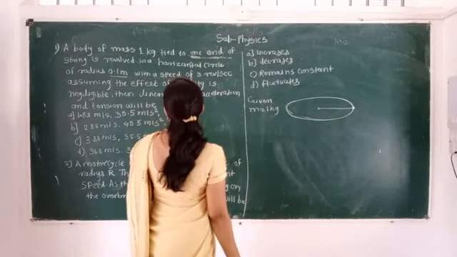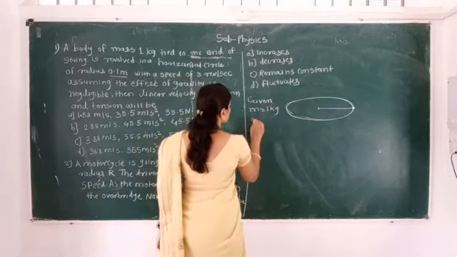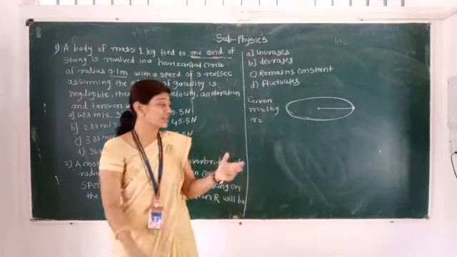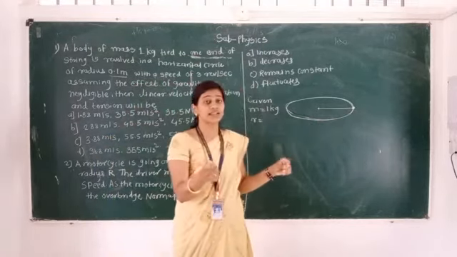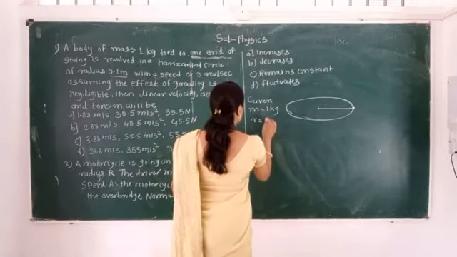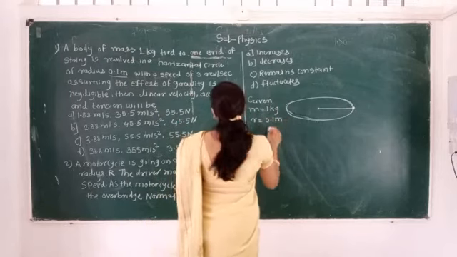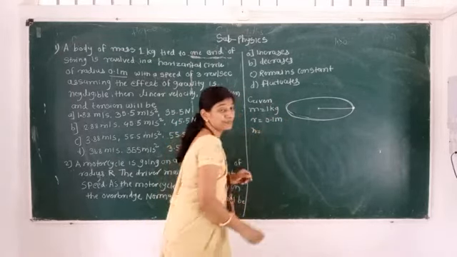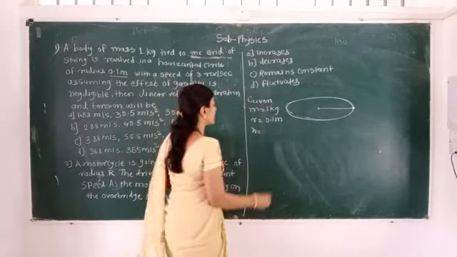See that. Next one is the radius. That means we can say the length of that string. At one end of that string, the mass is tied, and the other end it is revolving in a horizontal circle. R is nothing but 0.1 meter. Next one is N, given as the frequency. It is given in revolutions per second.